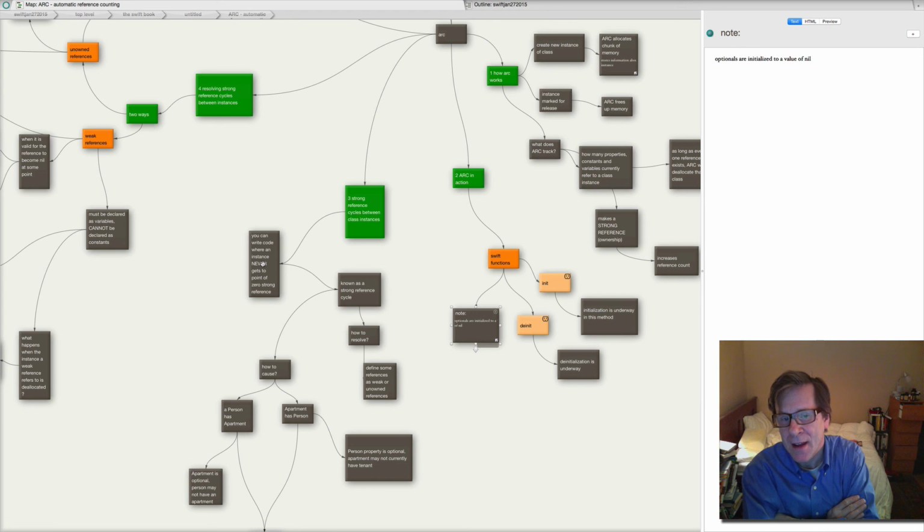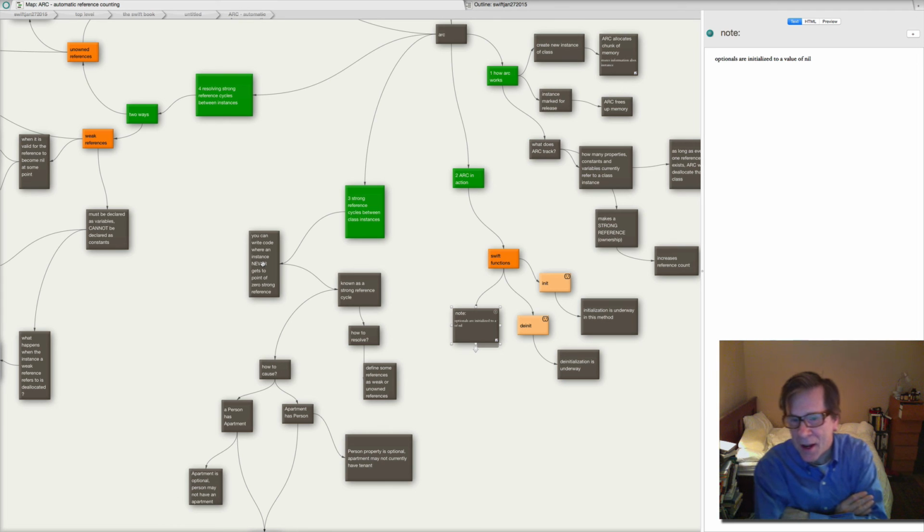And then on each of those instances, you have an optional reference to the other class. So on person, you have an optional reference to apartment. On apartment, you have an optional reference to person, right? And so we set them both to instances of each other.